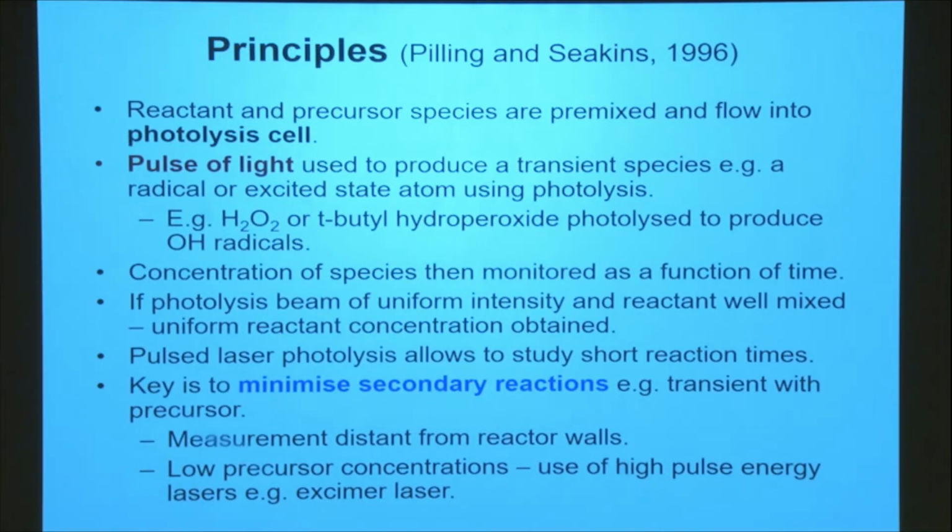So, for example, if we're working with a transient like H2O2 that we're then using to produce OH, if we've got too high concentrations, then the reaction of OH plus hydrogen peroxide might be sensitive, and that will affect our ability to isolate the reaction of interest. So we're working with low precursor concentrations, a high pulse energy for our laser, and we're also measuring distant from any reactor walls because we don't want the influence of any wall reactions taking place either.